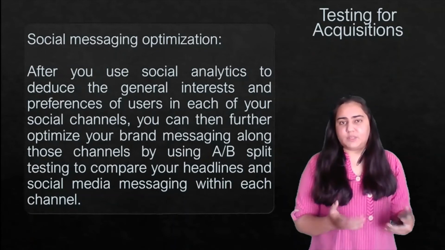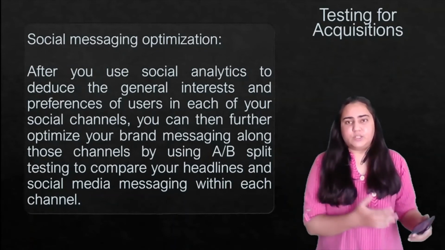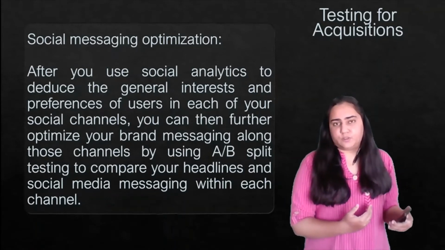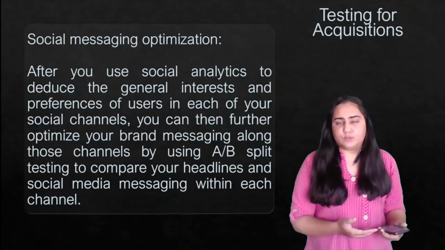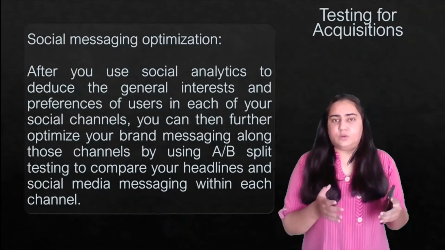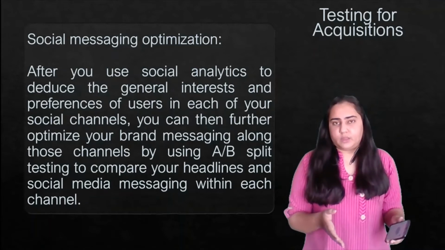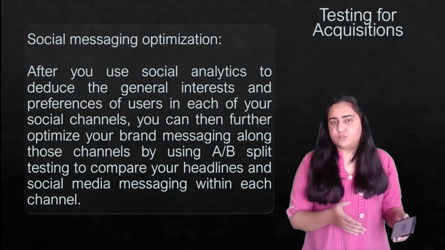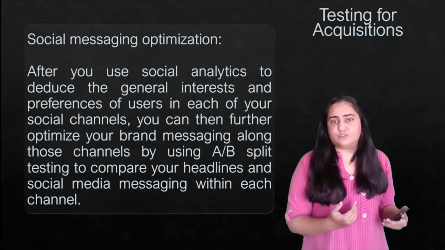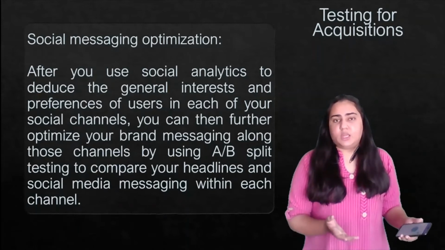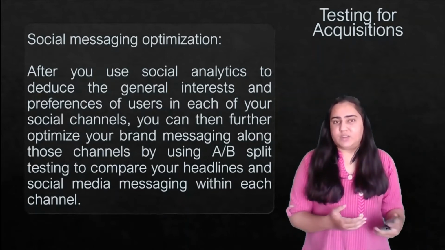You could use A/B split testing because social analytics is a part of web analytics that allows you to understand your audience's interests. Once you know that your audience is interested in a particular area, you would start posting things related to that area.